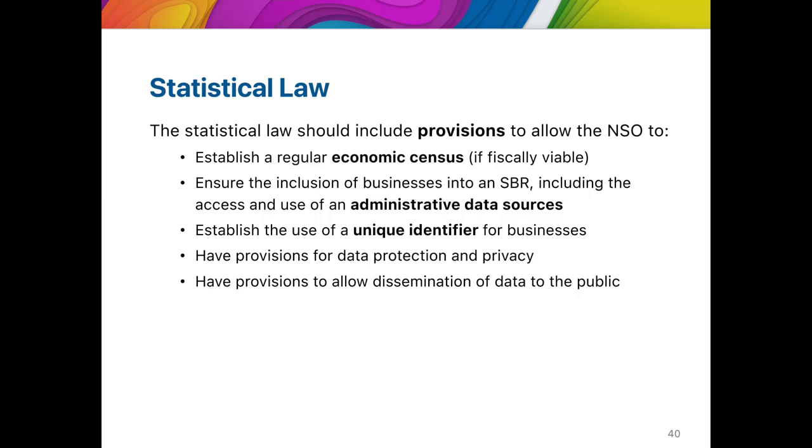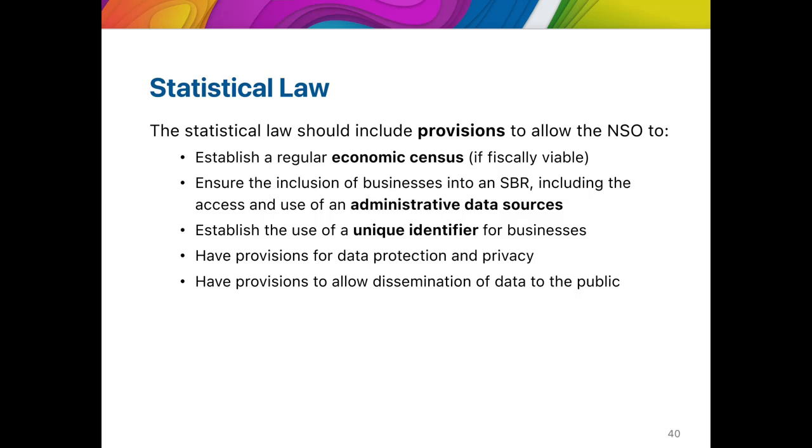The statistical law should include provisions to allow the NSO to establish a regular economic census, ensure the inclusion of businesses into an SBR, including the access and use of administrative data sources, establish the use of a unique identifier for businesses, have provisions for data protection and privacy, and lastly, allow dissemination of that data to the public.